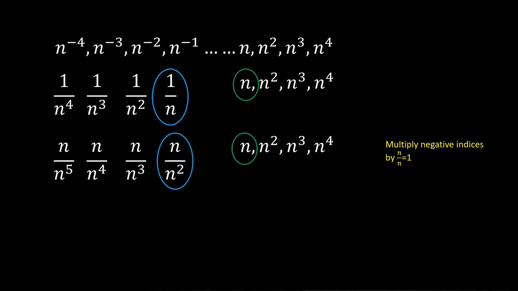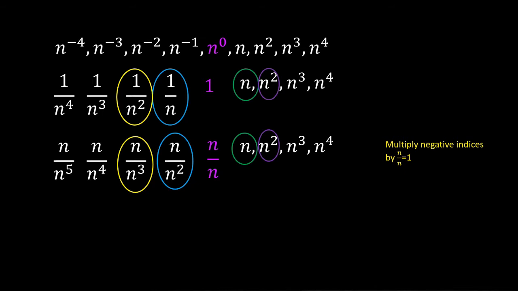N raised to 2 is n squared, while n raised to negative 2 is 1 over n squared, or n over n cubed. Lining up our indices, if n to the minus 1 equals n over n squared, then n to 0 must equal n over n, which is just, of course, 1.